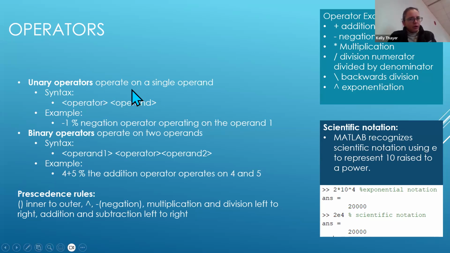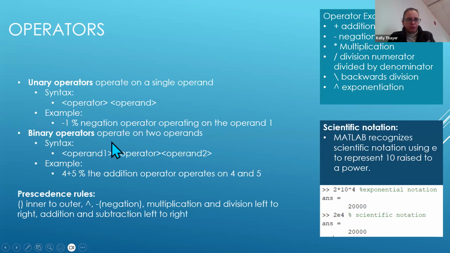A unary operator operates on a single operand. So you would do something like -1. So the minus is the operator. Remember, our percent is the comments. This will negate the thing that follows it. So in other words, if you do -1, it operates on just one thing, meaning the 1, and that's why it's called a unary operator.